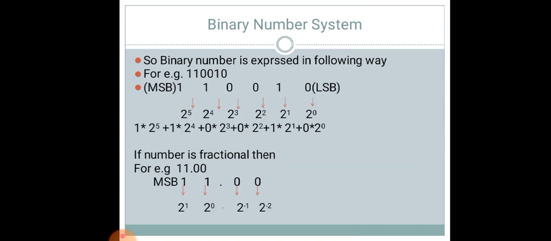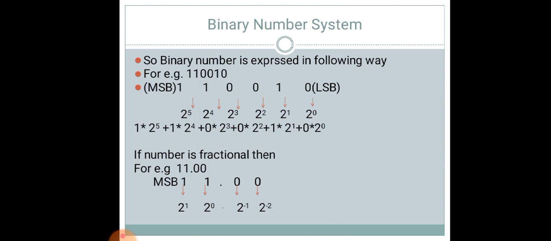Now you can see the binary number given on your screen, that is 11001, right? The digit at the right hand side we call the least significant bit, and the one at the left hand side is called the most significant bit, because the LSB has the least positional weight, that is 2 raised to 0, and the 1 at the leftmost side has the greatest positional weight, that's why it is called the most significant bit, right?